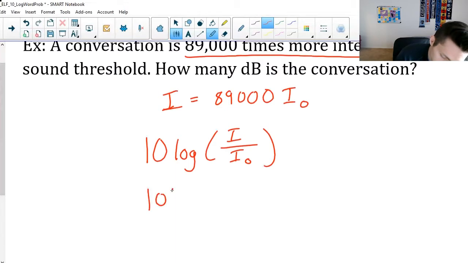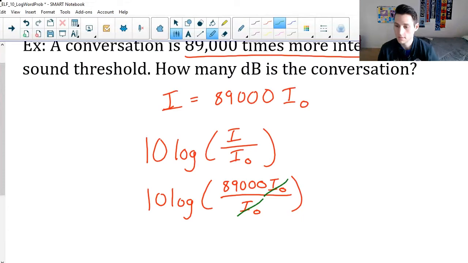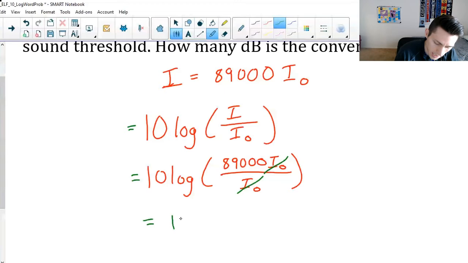So again, we'll make our substitution. Instead of the I in the numerator, 89,000 times the threshold divided by the threshold. These will cancel, so this just turns into 10 log of 89,000.